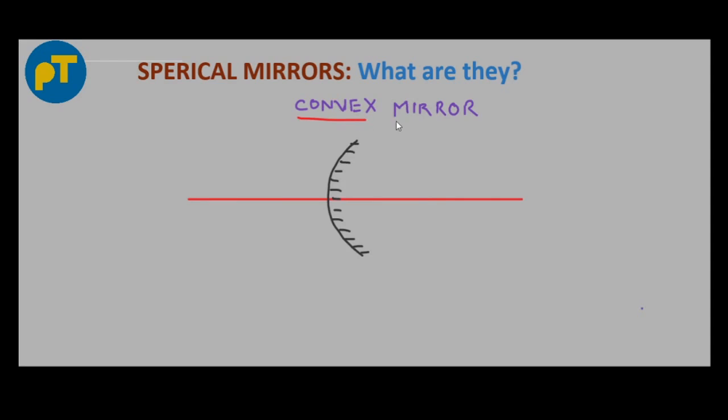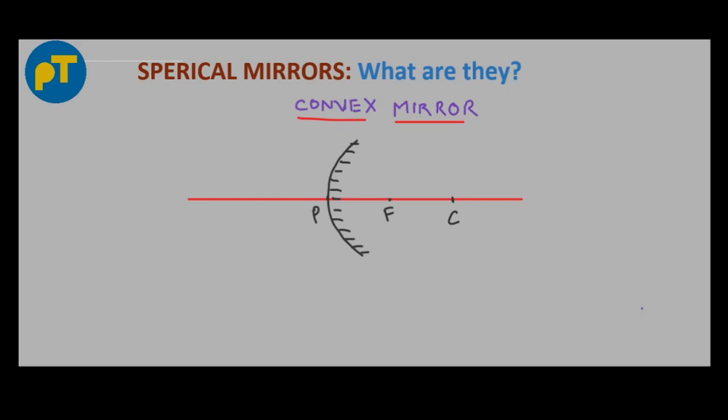Similarly, here we have the convex mirror, shown this way, a two-dimensional schematic diagram. The side which is not shaded is the reflecting surface, as I mentioned earlier. We have a pole here, the center of curvature somewhere here, and midway we have the principal focus.